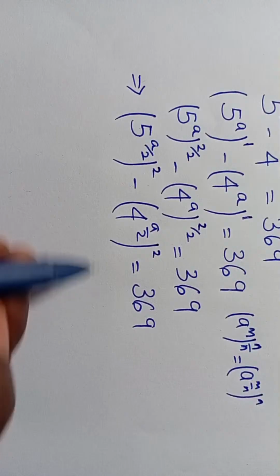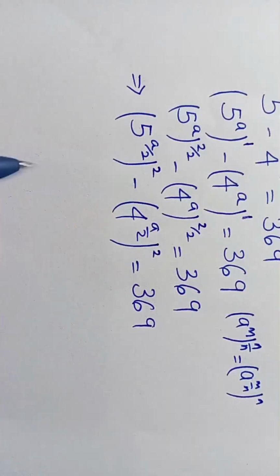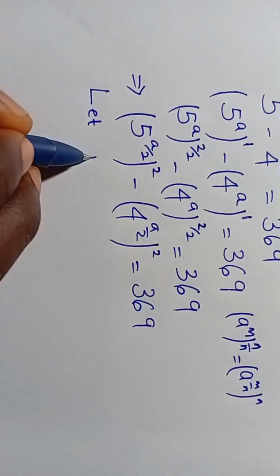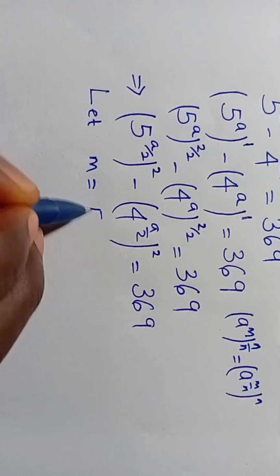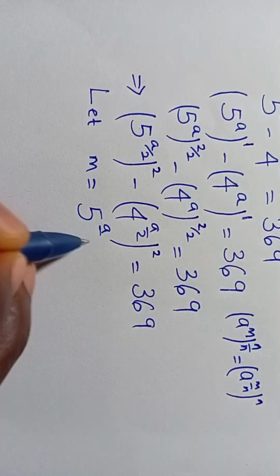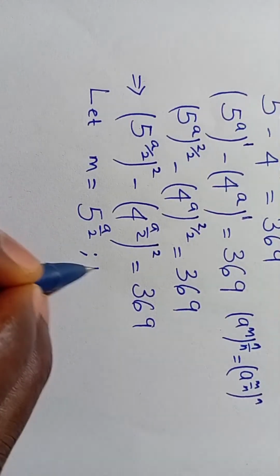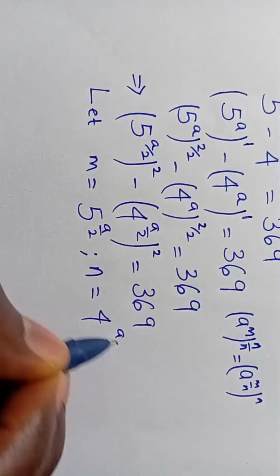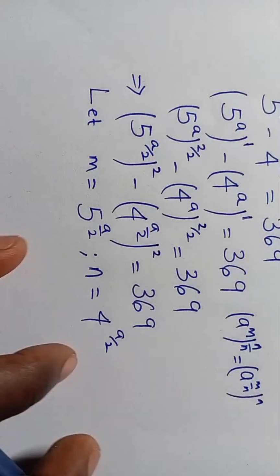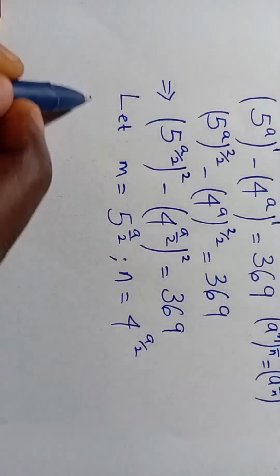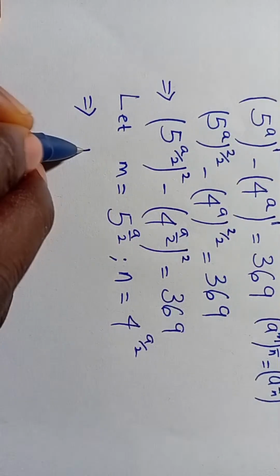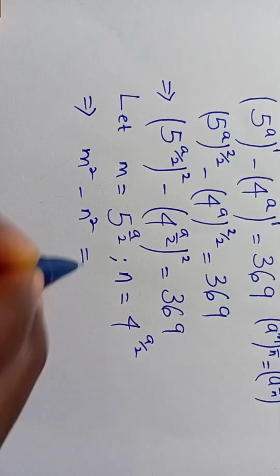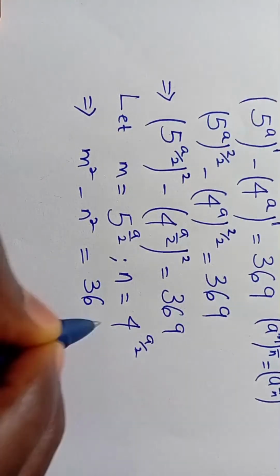Now, since we have this power 2, let's define what we have here as m to be equal to 5 to the power of a over 2, then n to be equal to 4 to the power of a over 2. Now, we have this to be m squared minus n squared equals 369.